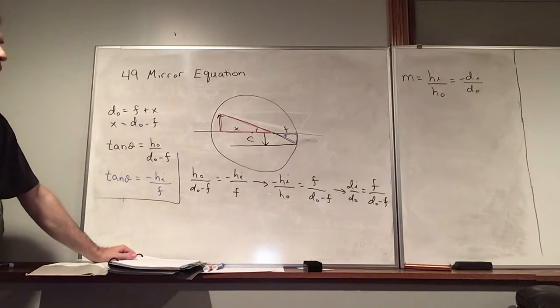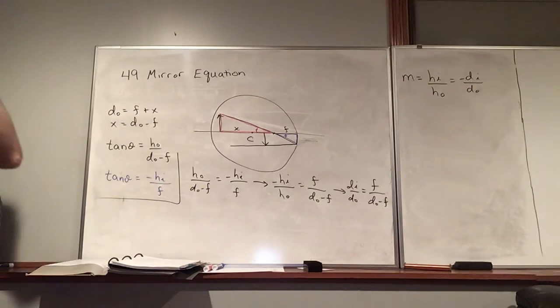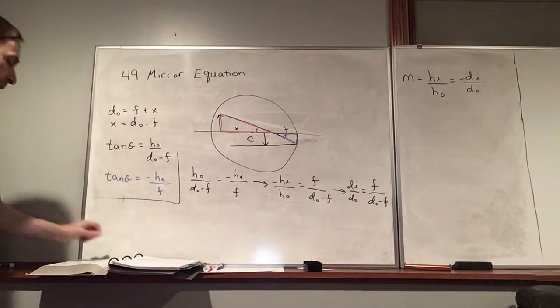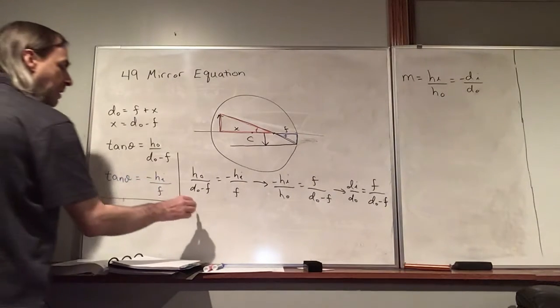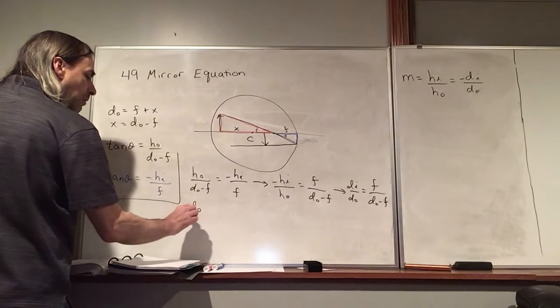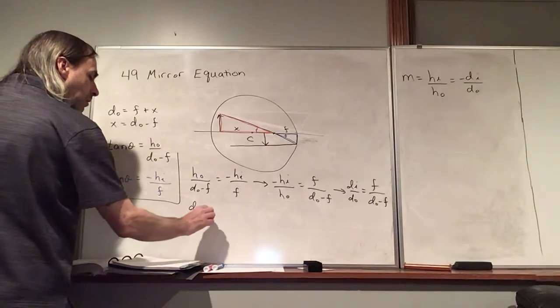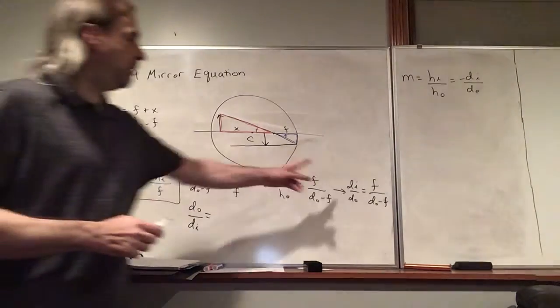Problem is, this isn't the most convenient form for that equation. So we want to fix this up a little bit. I want to flip it around, just so it'll be easier to work with. Let's say do over di. So we can just invert each side.